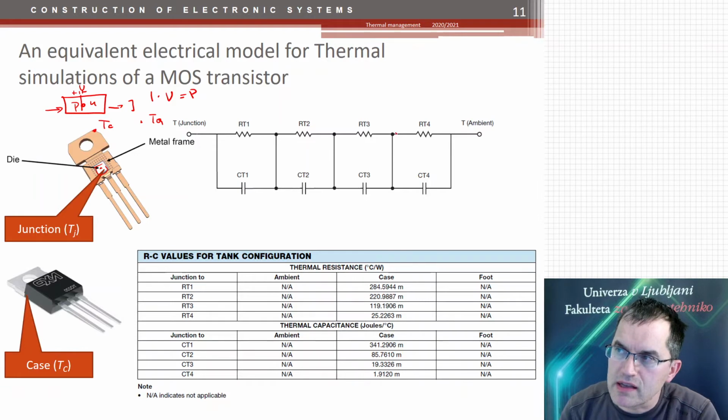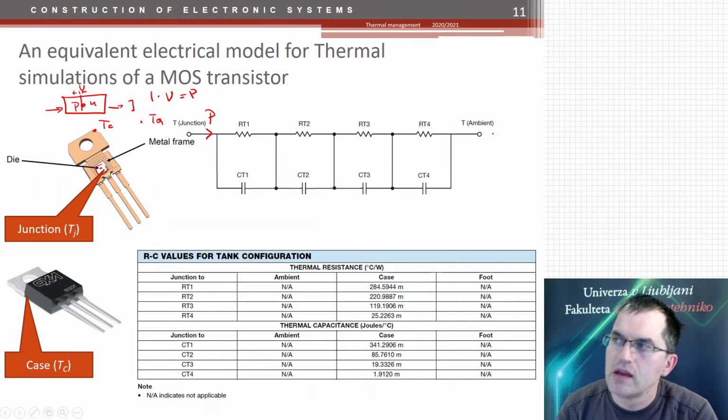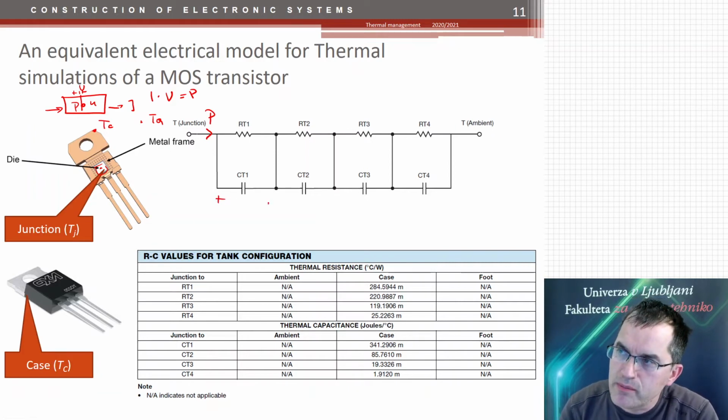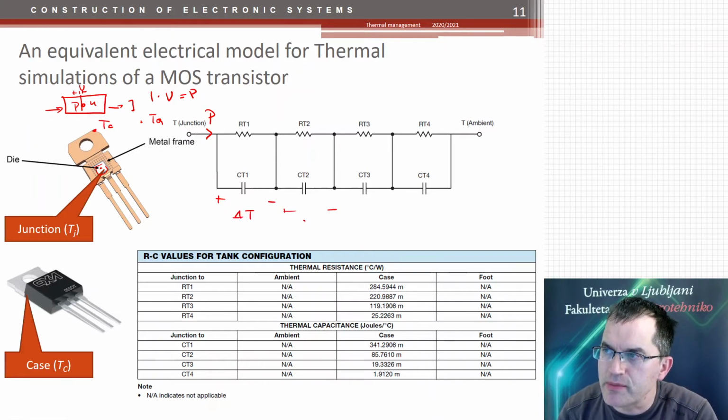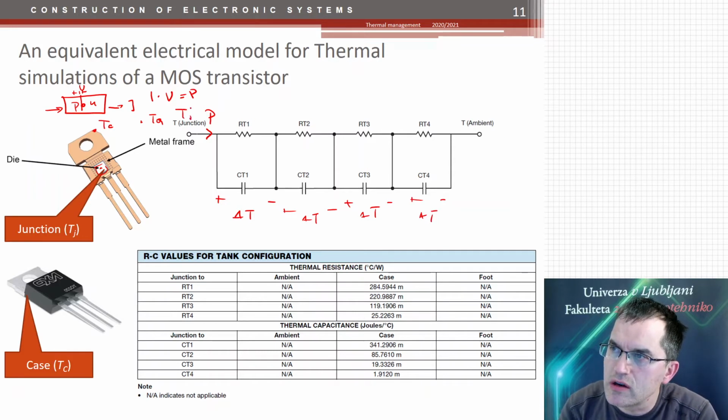So all that is then connected together as a single circuit, transferring electrical power through this, and each of these parts has a certain voltage drop, which is then actually a certain temperature drop in terms of heat transfer. And then we have the junction temperature and we have the ambient temperature, and there is a certain difference between those two.